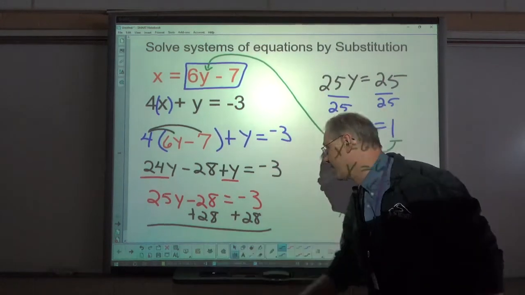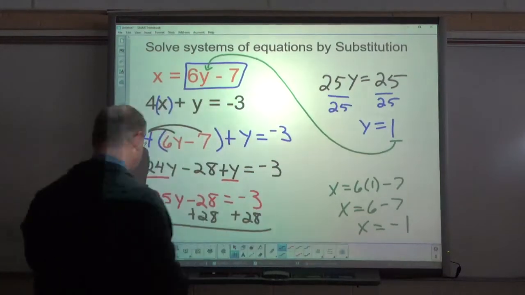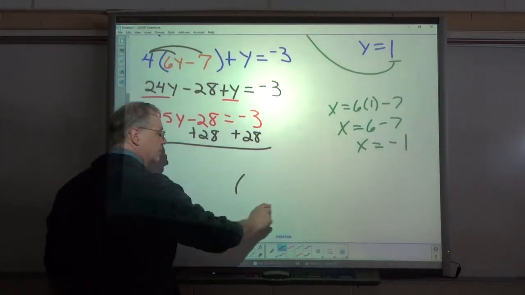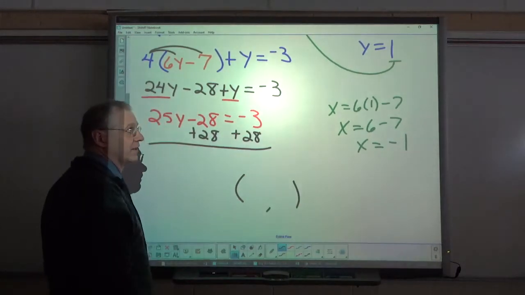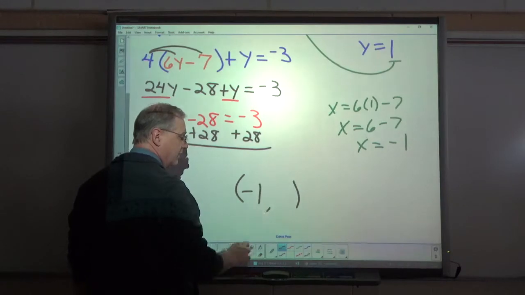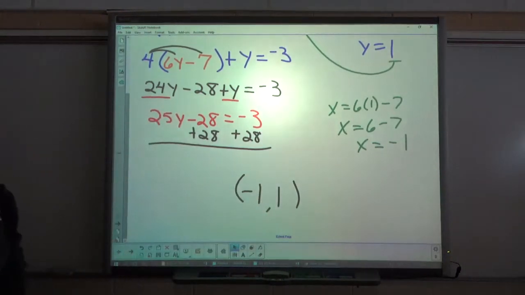And the way you write your answer is you want to write it in coordinate form. In other words, x and y coordinates, like so. And it turned out that x is negative 1, y is positive 1. Make sure you're putting them in that order, x then y.